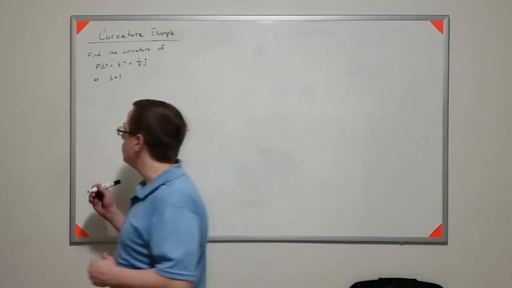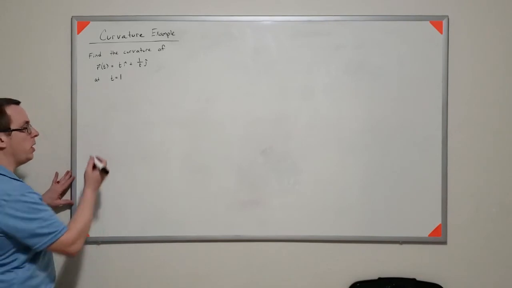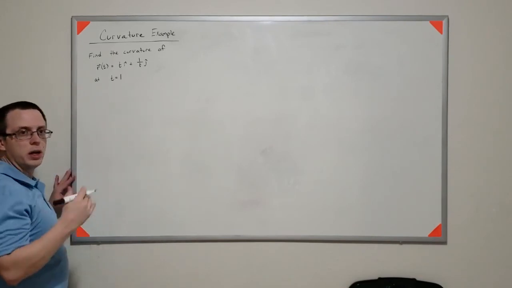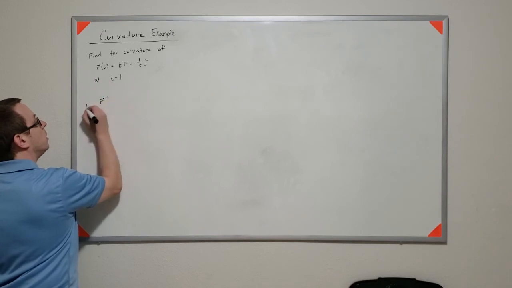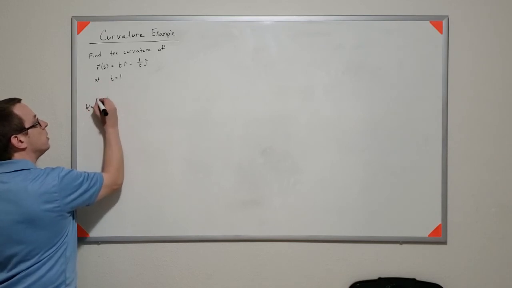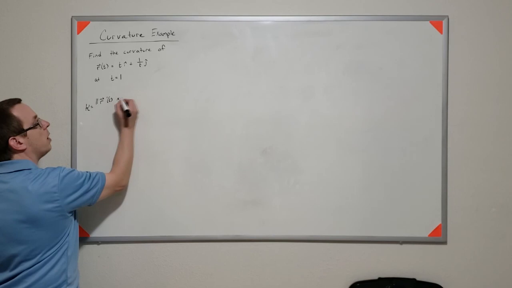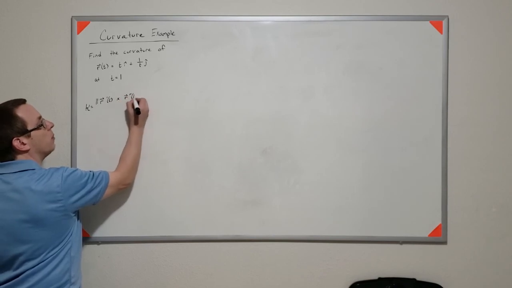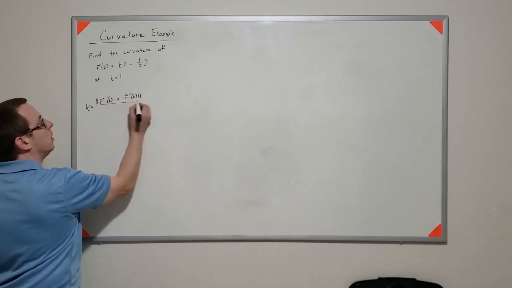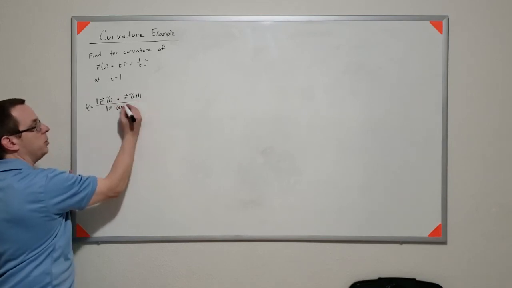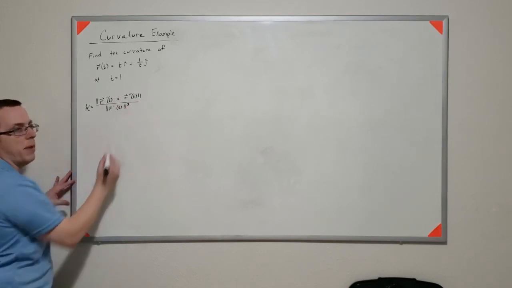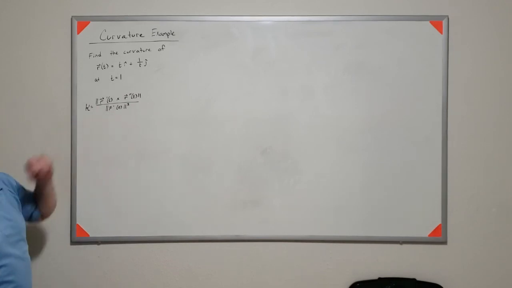So let's use the formula that we were shown in the previous section, that the curvature is the magnitude of r prime cross r double prime of t, divided by the magnitude of r prime cubed.